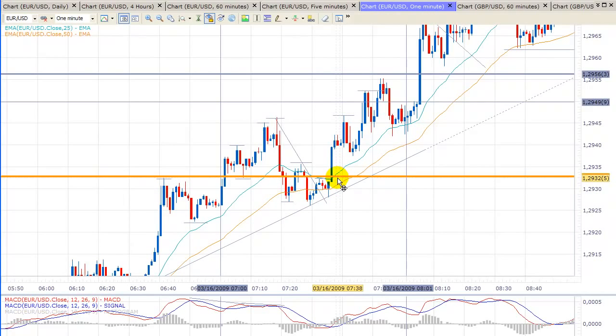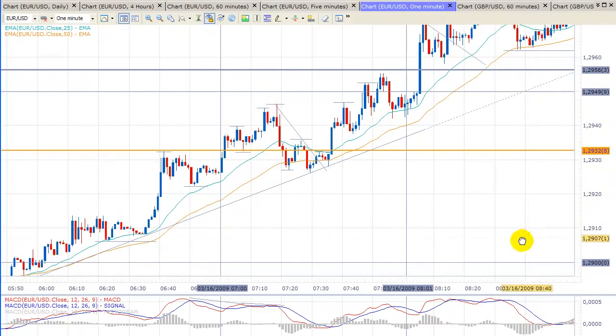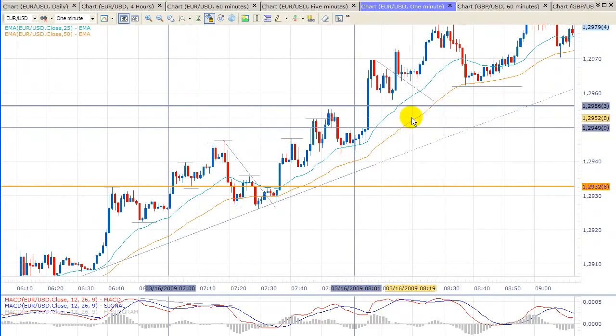So I entered with another lot, and I did about the same, partial profit taking. Actually, I closed, I think, 30% of my position at plus 10 pips, and I let the other one run. So at this point I had two lots as runners, one at this area and one at this area, and the price kept running and running.